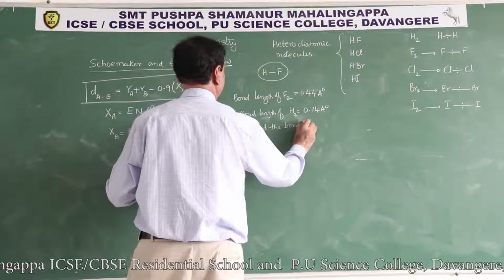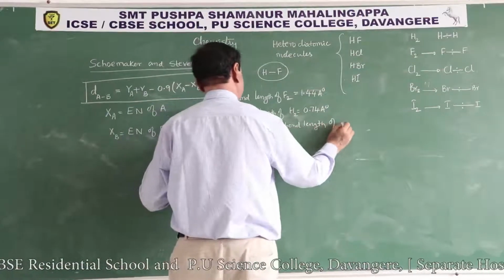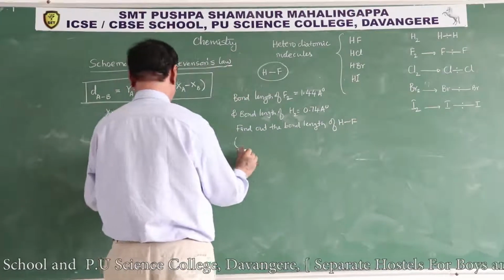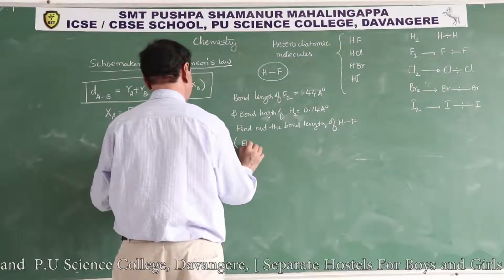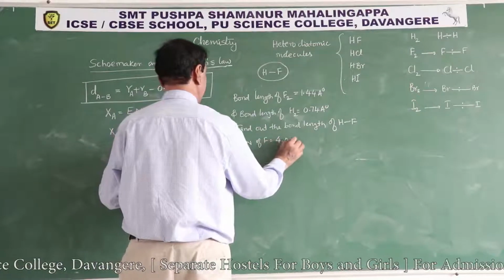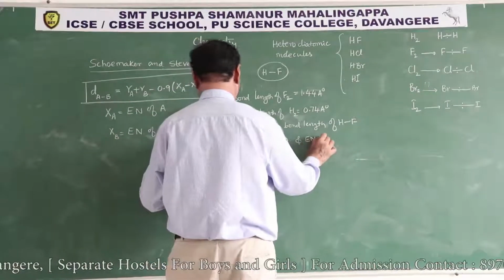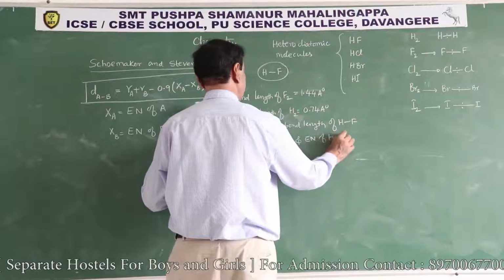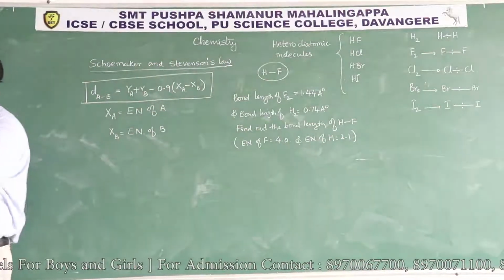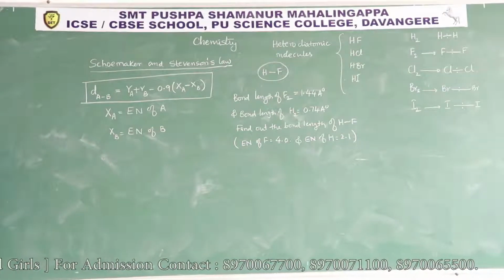Electronegativity of fluorine is equal to 4 units and electronegativity of hydrogen is equal to 2.1 units.